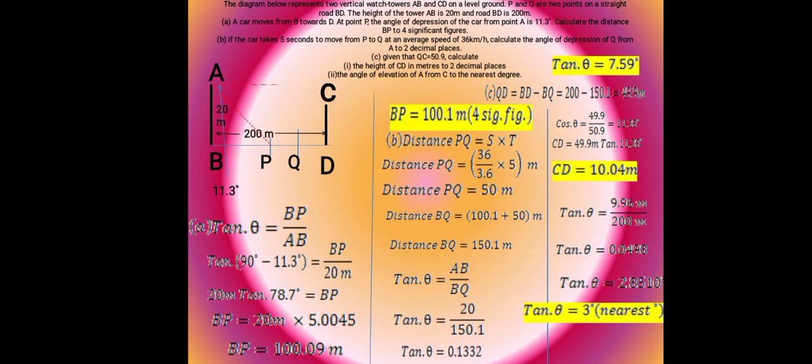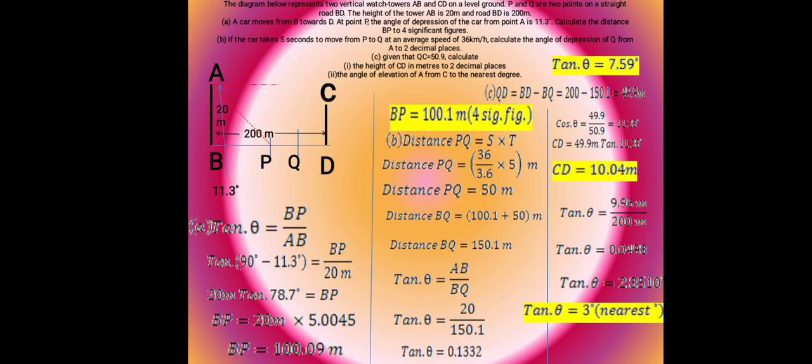Now CD we shall take 49.9 meters multiplied by tan 11.38, which we found using cos theta. So that tower CD becomes 10.04 meters tall.